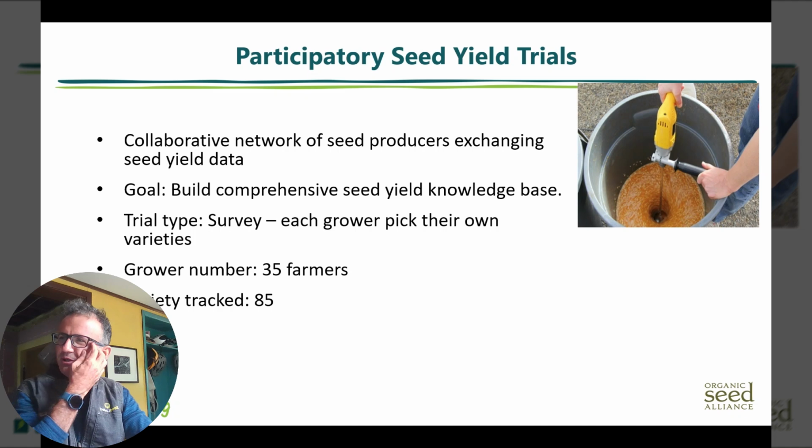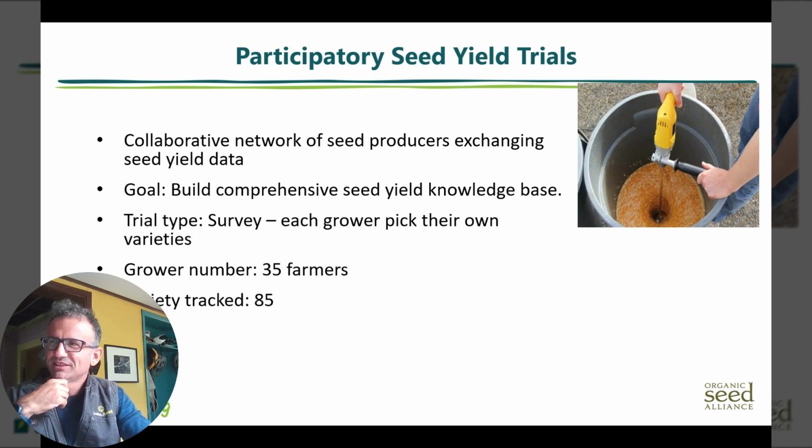Now, just to talk about another type of trial, more like a survey trial, where you don't send seed, but you ask what people grow and they report data. We have a very large project this year on seed yield production from organic seed producers. They are all invited to a structured trial, but they're all entering the varieties they are growing and entering the data, so you don't have to ship anything.